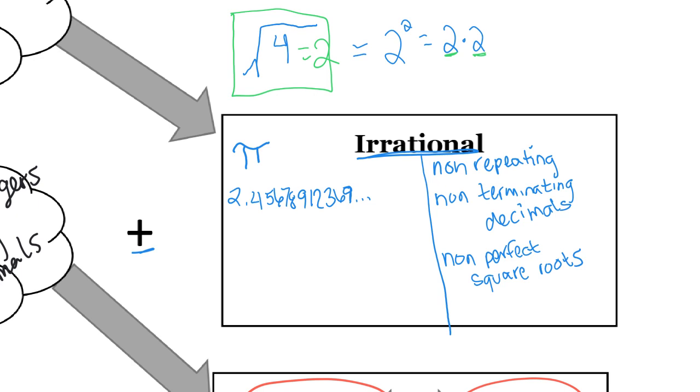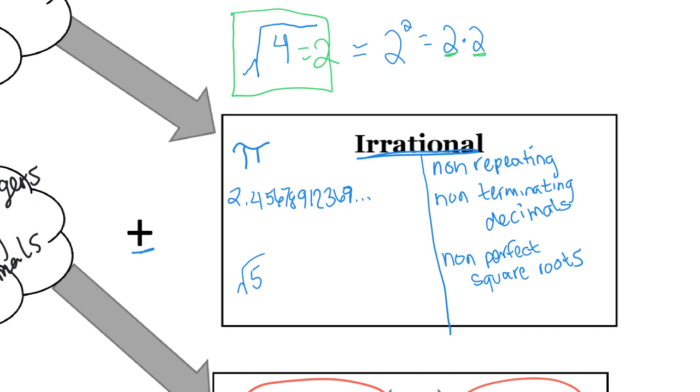So non-perfect square roots are things like the square root of 5, because nothing times itself is going to give me 5. 1 times 1 is 1. 2 times 2 is 4. 3 times 3 is 9. So no whole number times itself is going to give us 5.